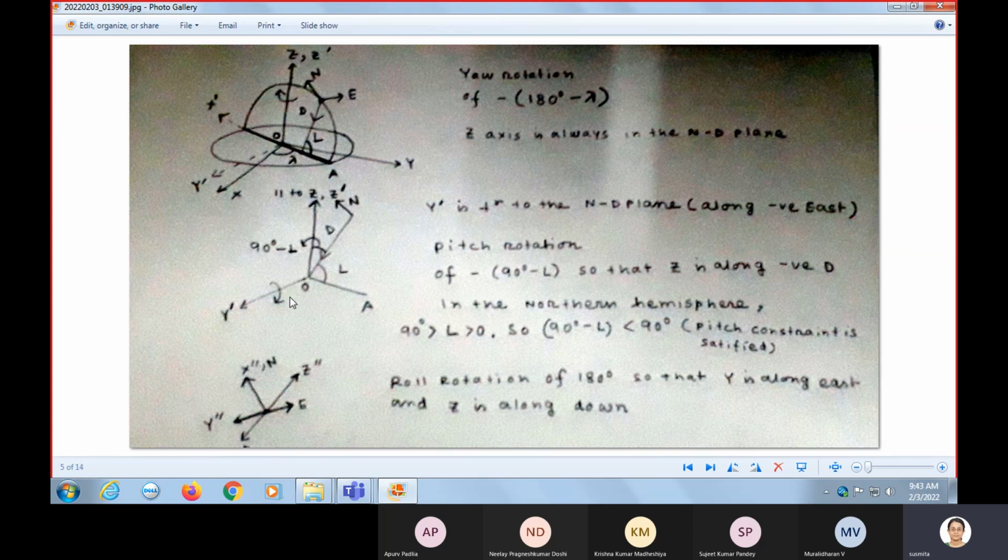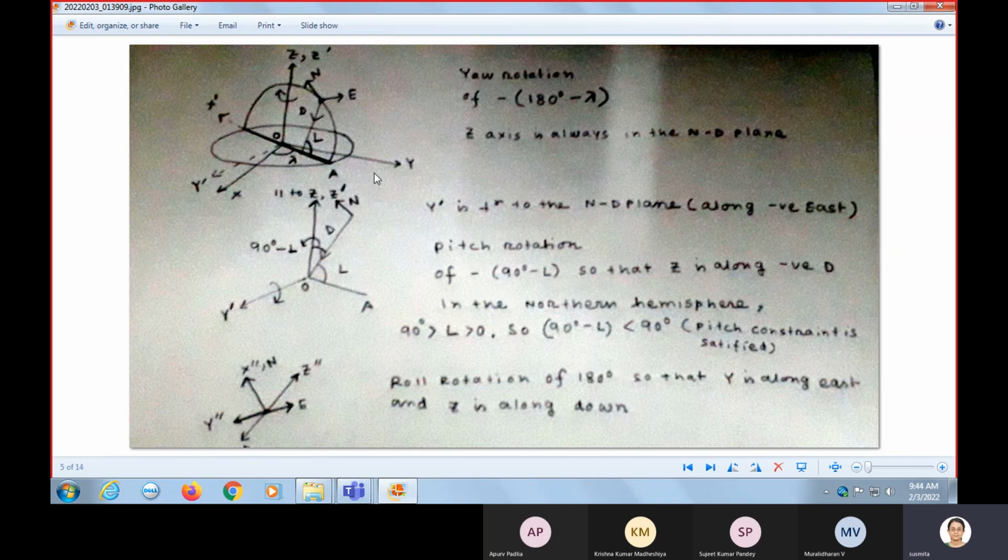This is the y-axis. It will be from right to left. But here we need to go in the opposite direction, from left to right. Therefore, we need to apply a negative rotation about the y prime axis. So there will be a pitch rotation of minus (90 degrees minus L), so that Z is along the negative down axis.